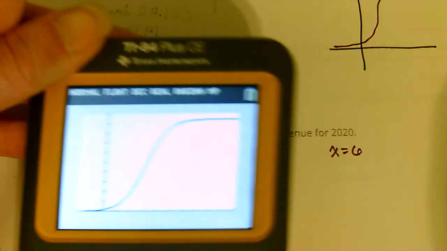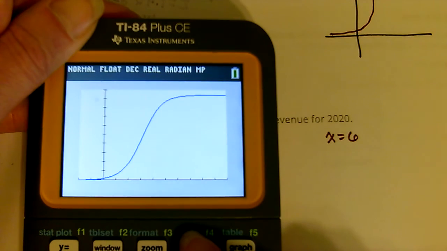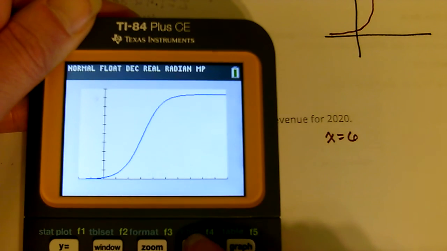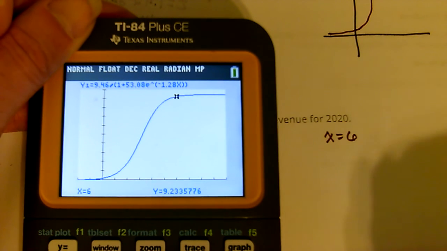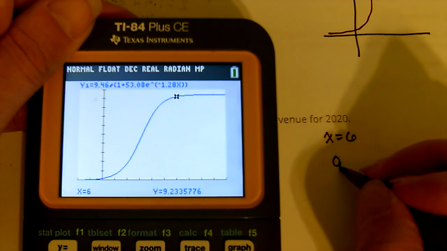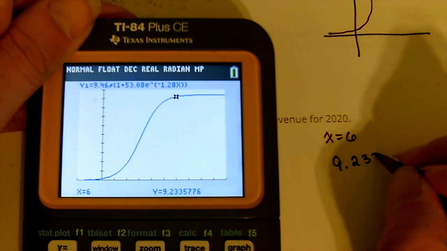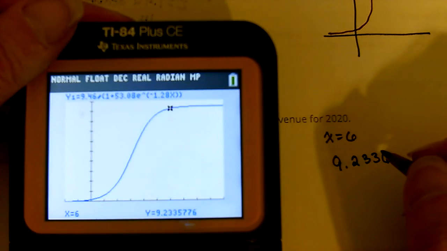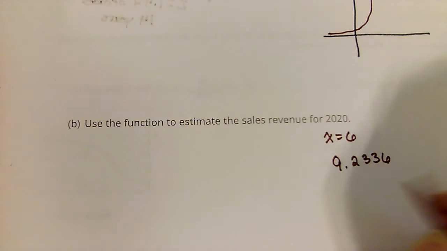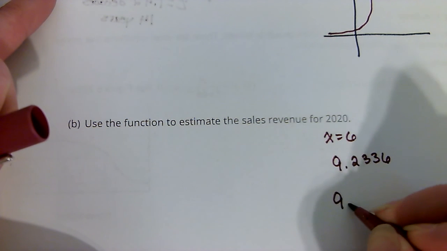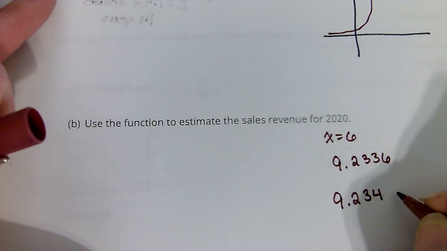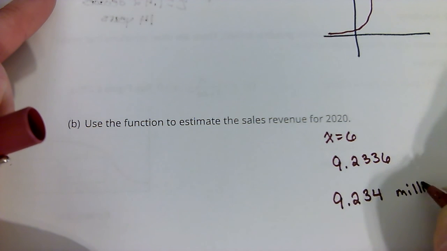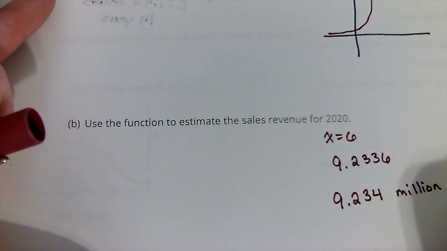So you could do it a lot of different ways. You could just plug in X. We're on the graph, so you could go to the table, or you could put trace 6. And it gives me the Y value that matches, which is 9.2336. And so that's approximately $9.234 million.